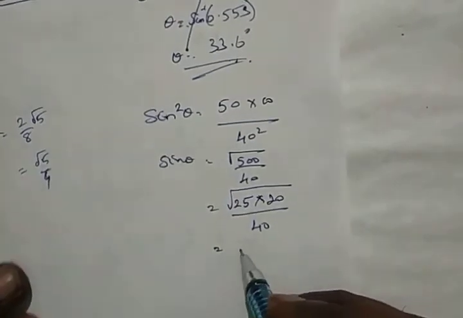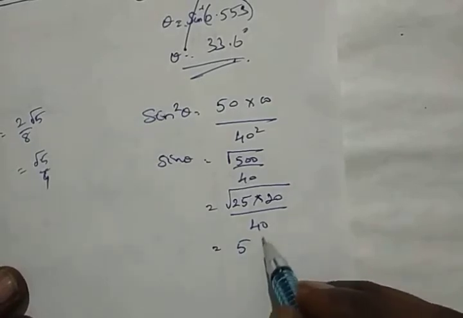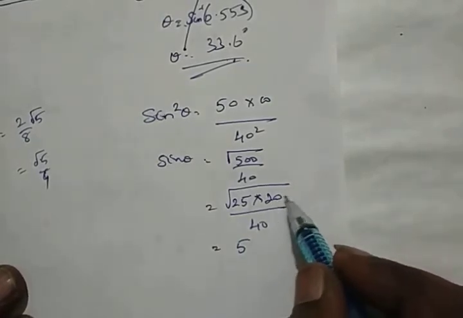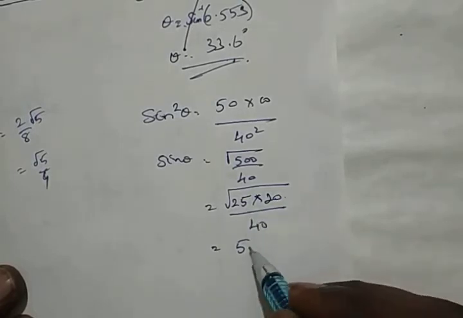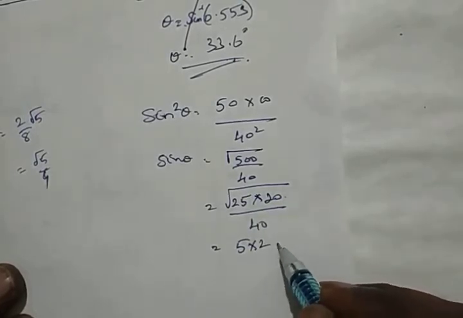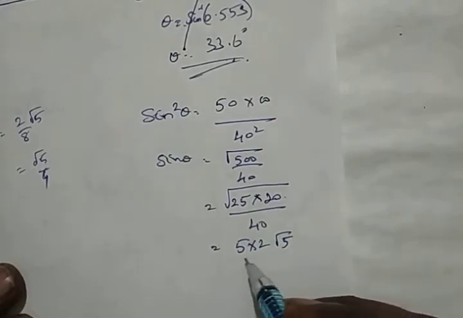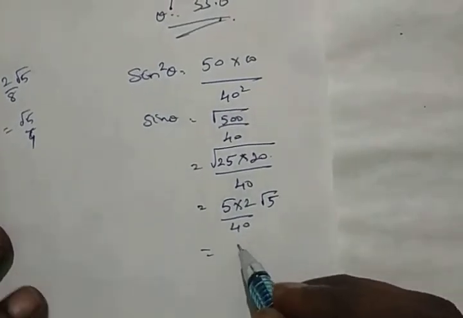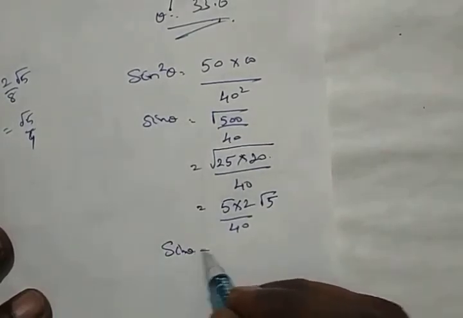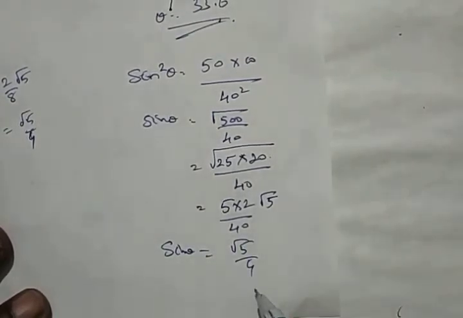What you can get here is 5 is out, and here also 4 into 5, and then 4 also you can take out, into 2 into under root 5 upon 40. So finally, sine theta is equal to under root 5 by 4.